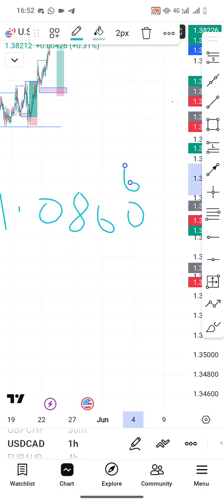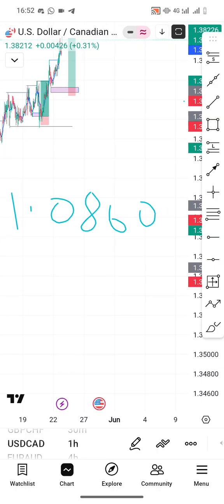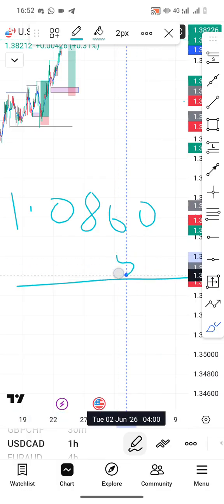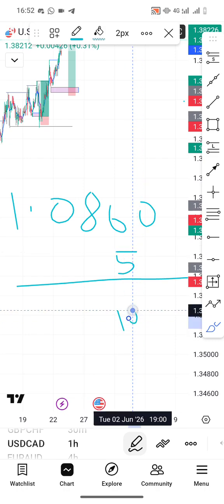So if this 6 right here moves from 6 to 5, that's a 10 pip move.